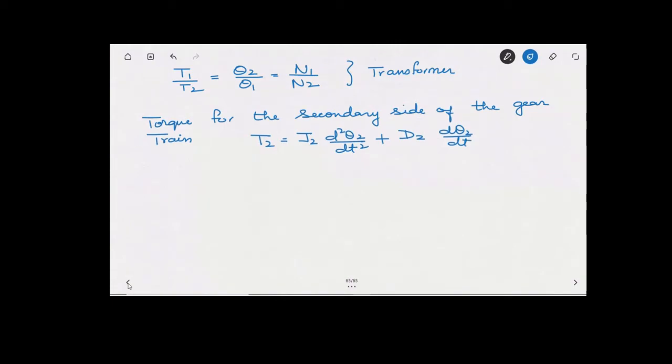Where T2 is the torque developed by the secondary gear, and inertia of gear and shafts are negligible. But this is the moment of inertia of the load.